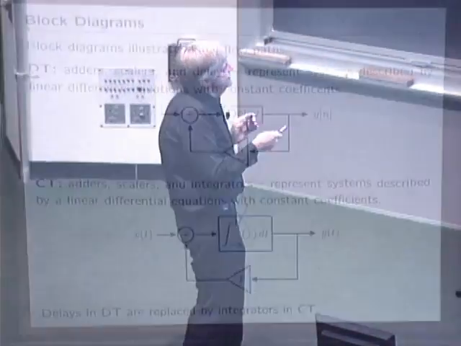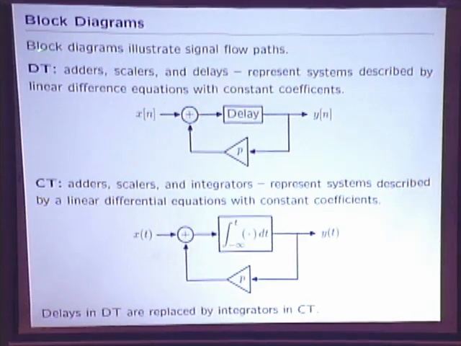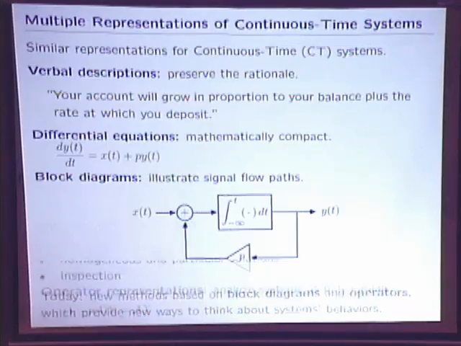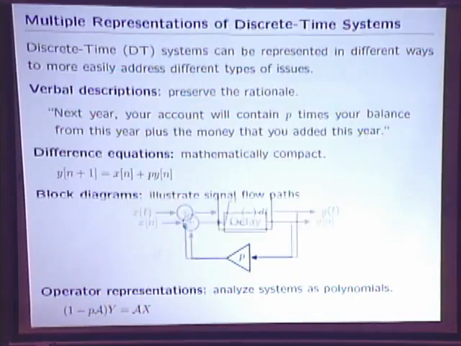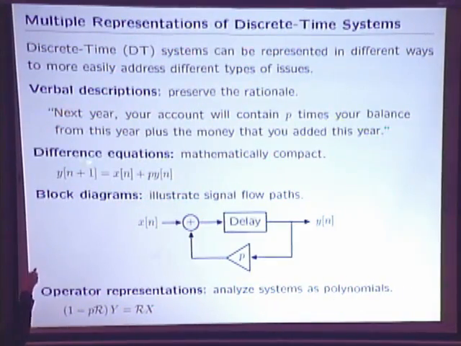Just like in DT, where we thought about block diagrams, which gave us a way of thinking about signal flow paths, we'll have the same sort of idea in CT. The big difference you can anticipate is that in the difference equation, the fundamental operation was a delay operation.